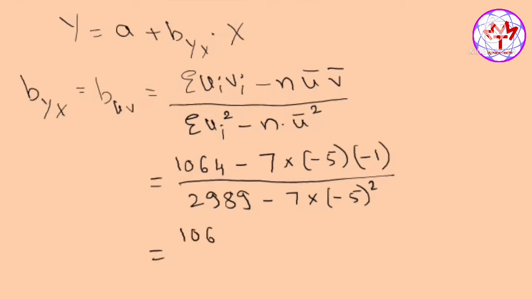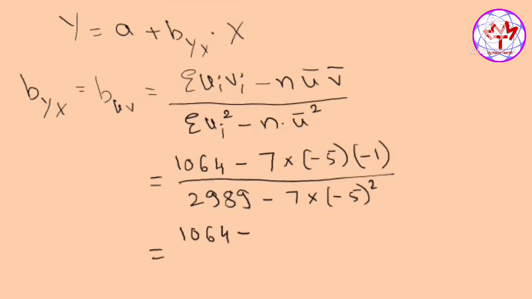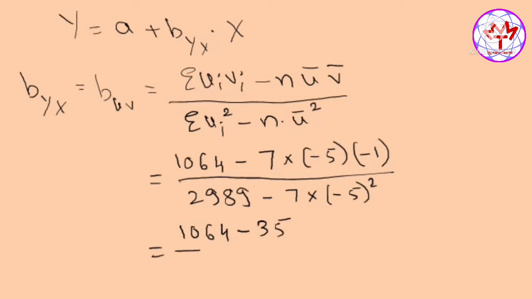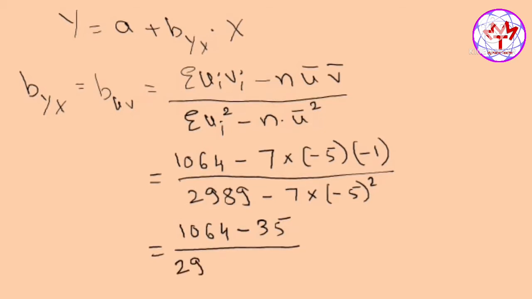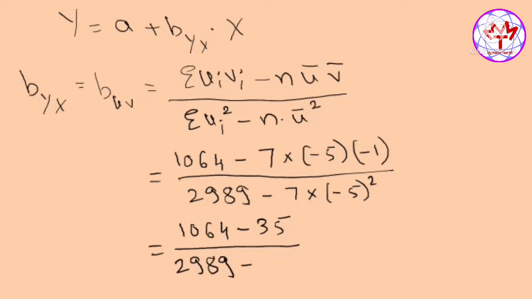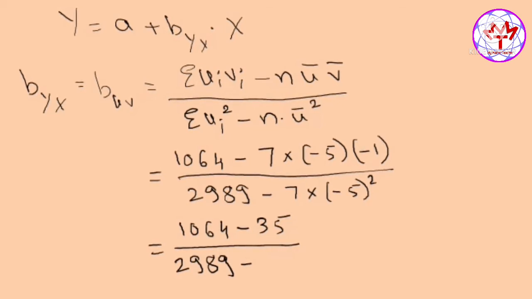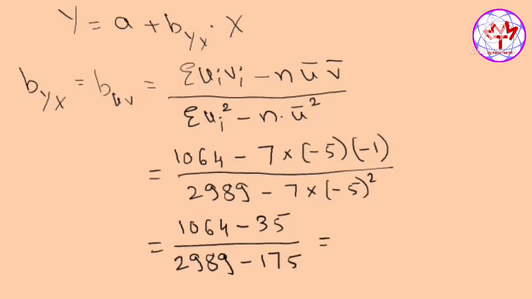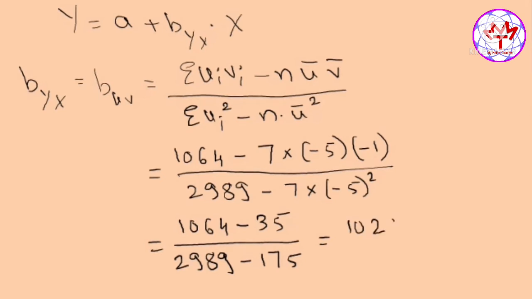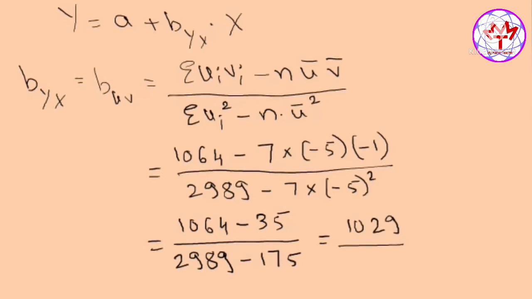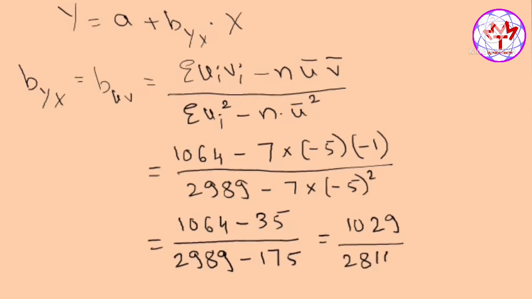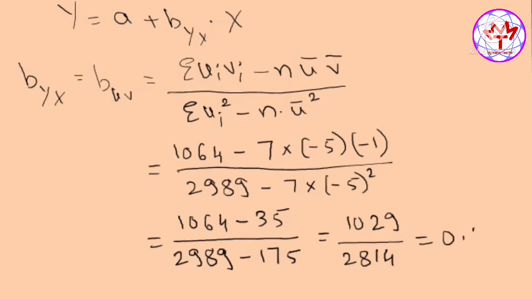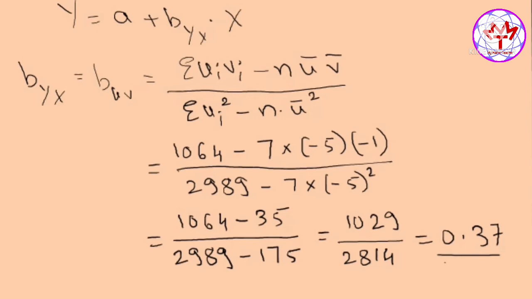We get 1064 minus 7 5s are 35 into 1, that is this will be minus 35, upon 2989 minus 5 square will be plus 25 into 7, that is 175. So this comes equal to 1029 upon 2814, that is approximately equal to 0.37. So this is your byx.